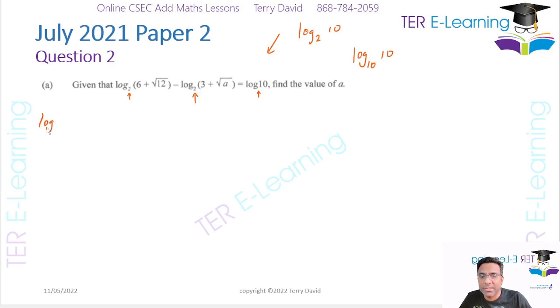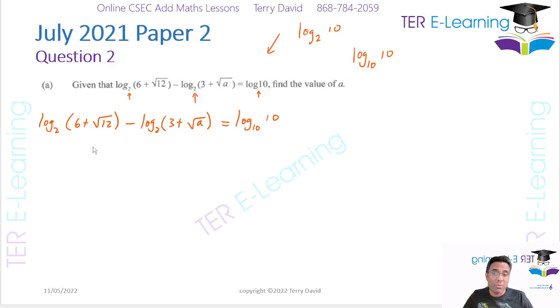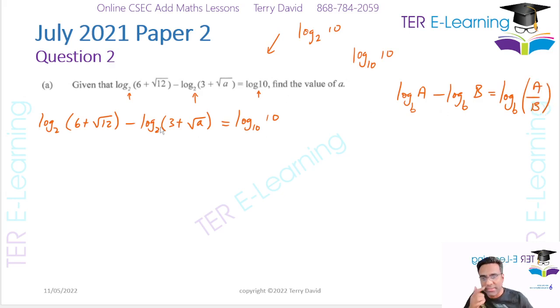So let's put log to base 2 of 6 plus root 12, minus log to base 2 of 3 plus root a, is equal to, and like I said, I'm going to assume this is log to base 10 of 10. Now, we're going to use our subtraction rule for log here: log to base b of a minus log to base b of c is equal to log to base b of a divided by c.